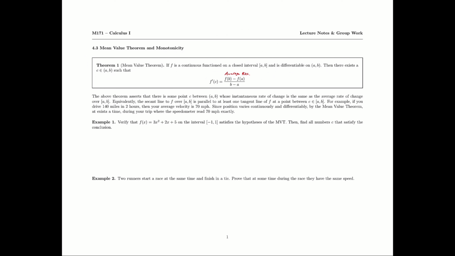This is the slope of the secant line, which we should know by now represents the average rate of change on the interval a to b. The left-hand side is saying the instantaneous rate of change. Of course, this is the slope of the tangent line.